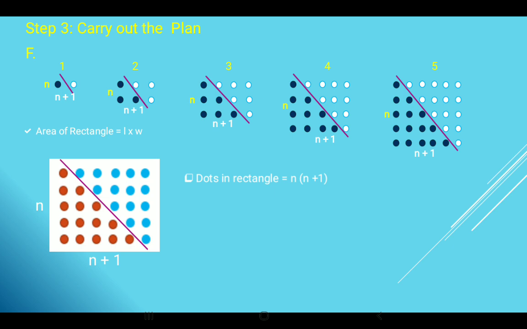Ito na. So, kung dito sa pinakitang figure, yung sa width po natin, meron tayong 5 red dots na represent sa letter N. Pagdating sa length, we have 5 red dots plus 1 blue dot.